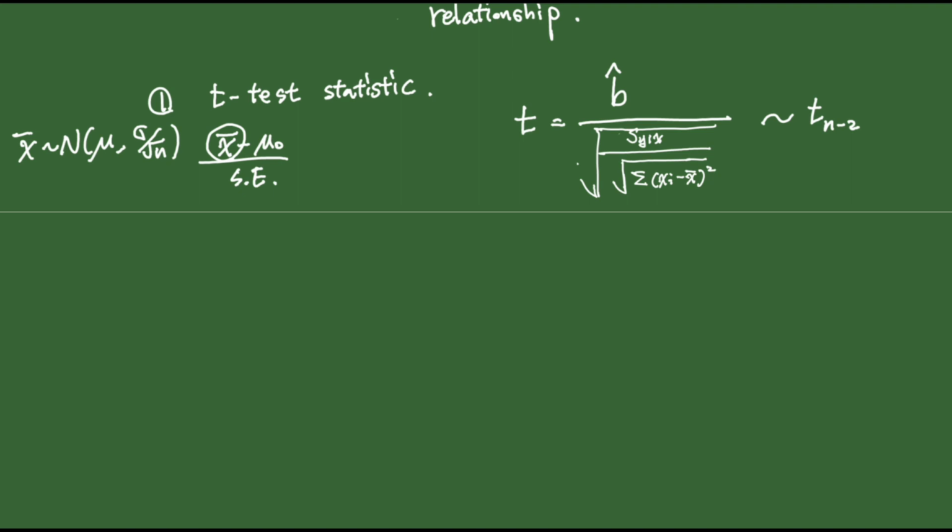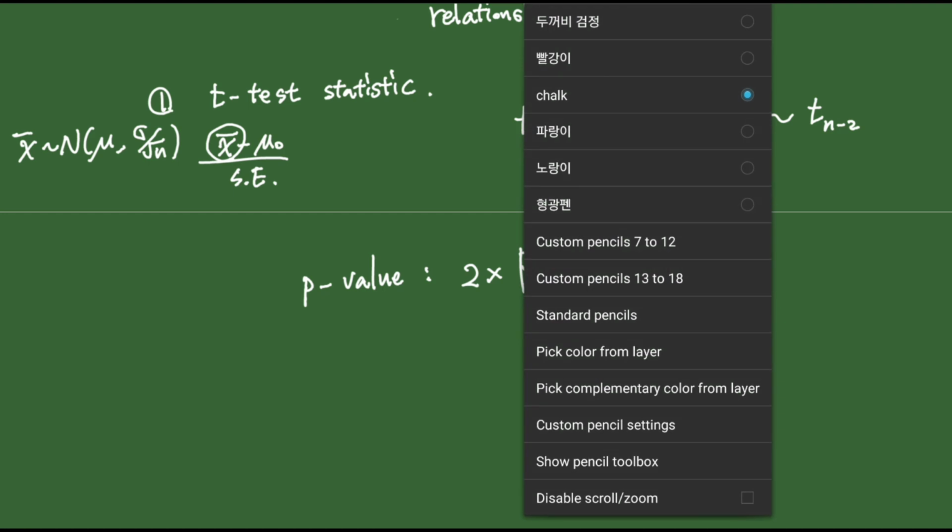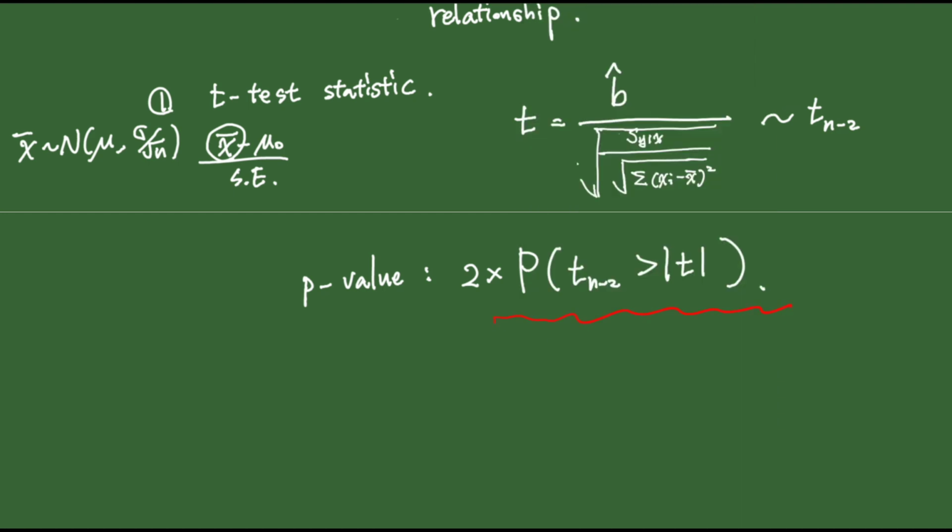But usually SAS will give you this form. So the p-value is 2 multiplied by the probability that t with n minus 2 degrees of freedom is larger than the absolute value of t, and then you're gonna see this sentence in SAS.